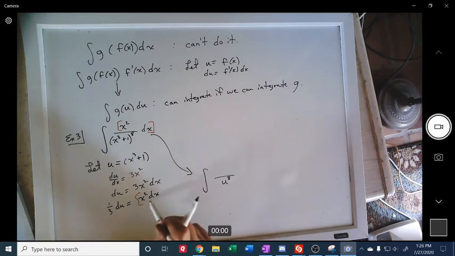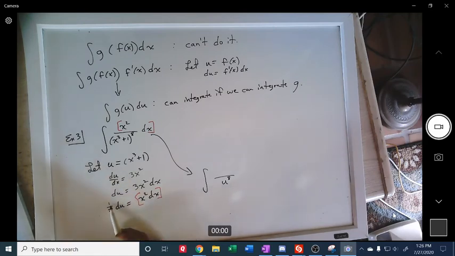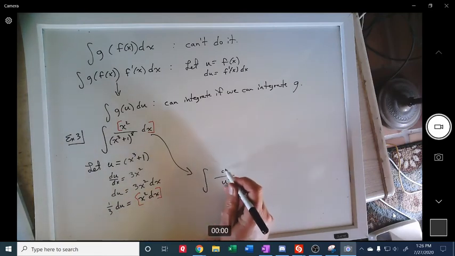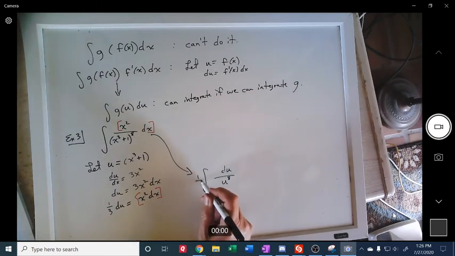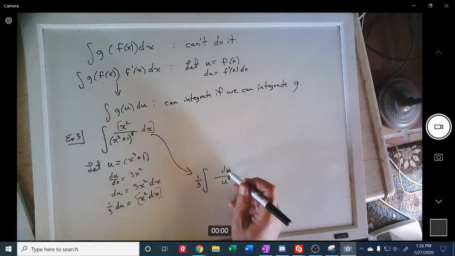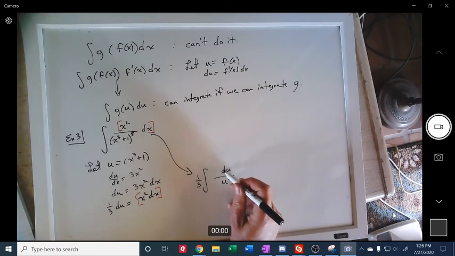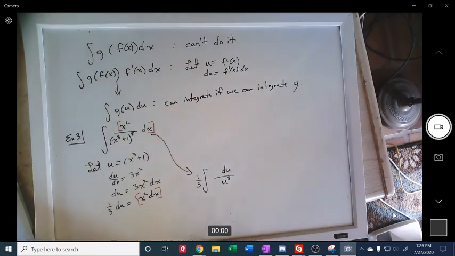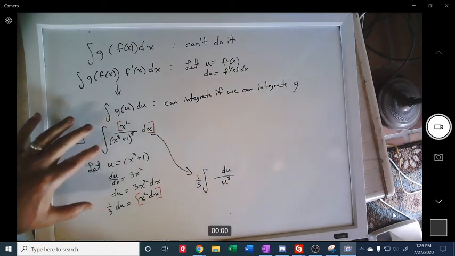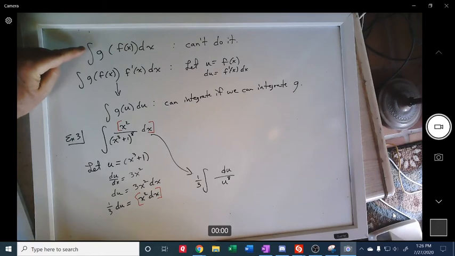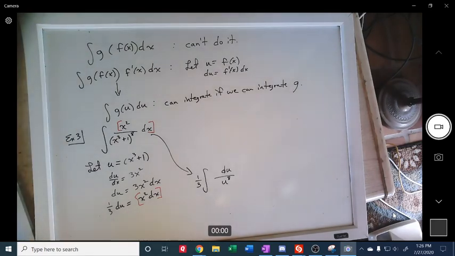And I have this matching with that. So the x squared dx becomes 1/3 du. And I'm putting my 1/3 out in front. Alright, now, let's compare this, what we just did, with this general format up here up top. Let me wait a moment to let people catch up in case they're taking notes.